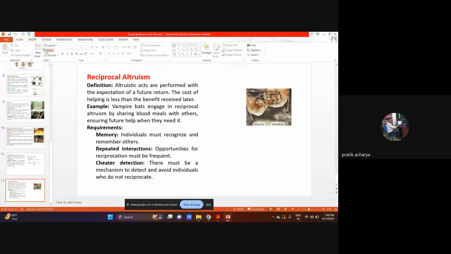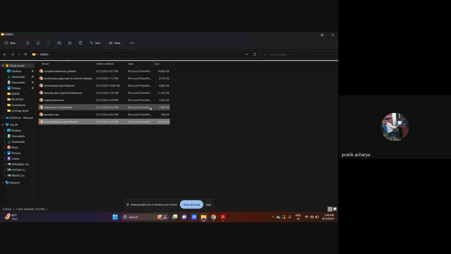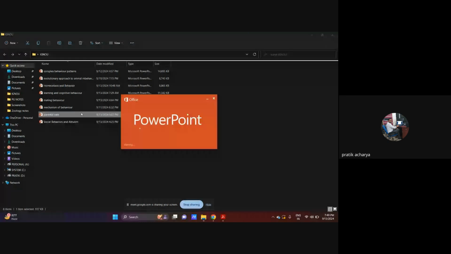So this is all about altruism and kin selection, and at last we'll share another slide, which is on parental care. Within a short span of time, I have to cover parental care.